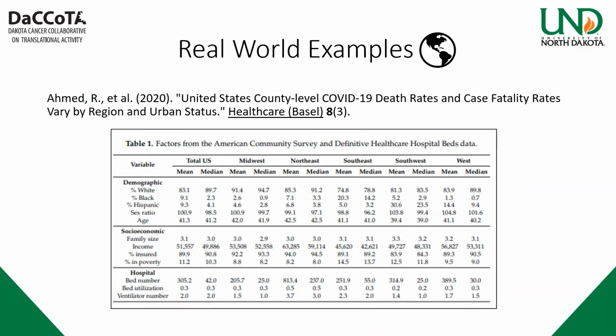Here is a paper on COVID by Dr. Ahmed and Dr. Mark Williamson. This is a way of visualizing the median for a variety of possible variables that might be of interest across different regions of the U.S. And this was good for visualizing and referencing.